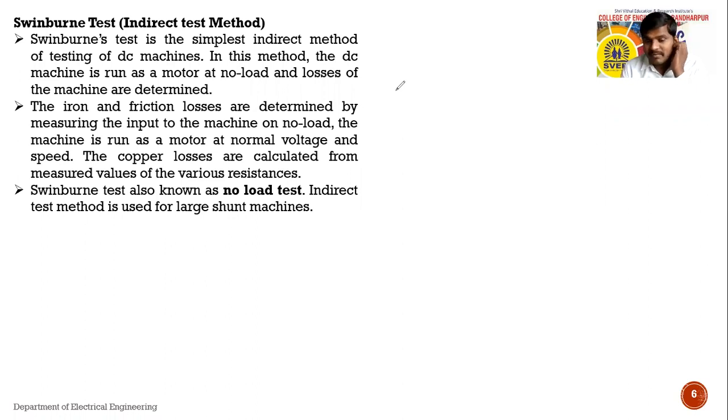That means it depends upon the load current, so we can call it a variable loss. In case of constant losses, there are core losses like iron and friction, as well as hysteresis or eddy current losses. They come under no load losses or constant losses. These losses can be determined by performing the Swinburne test.